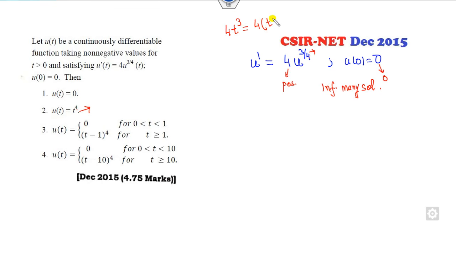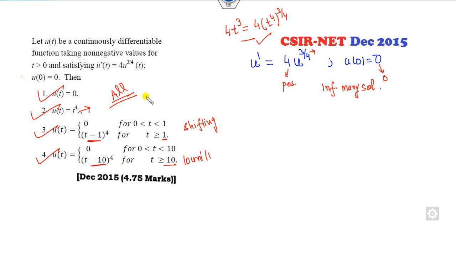So what is that? It's t raised to power 4, raised to power 3 by 4. So clearly it's satisfied. 0 is also satisfied. Fine. Again this is nothing but shifting the origin by 1 unit. So it's (t minus 1) to the 4. It is shifted by 10 units. It's (t minus 10) and it's 0. So all are again correct answers.